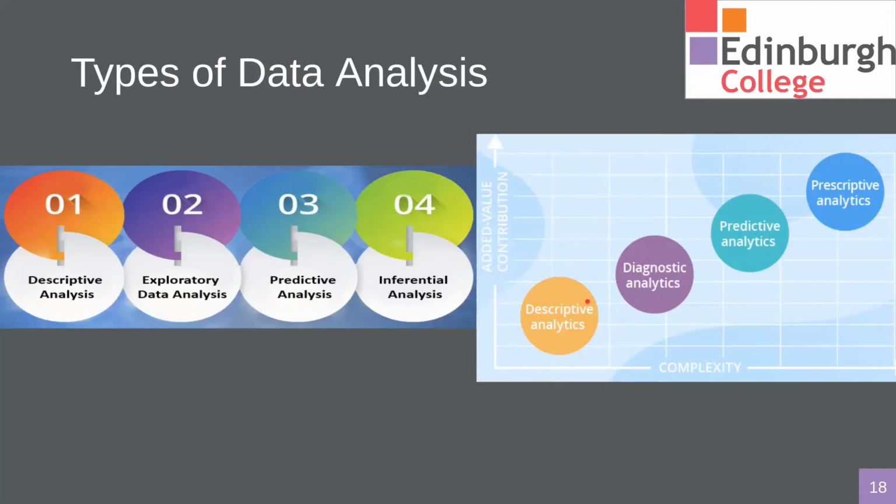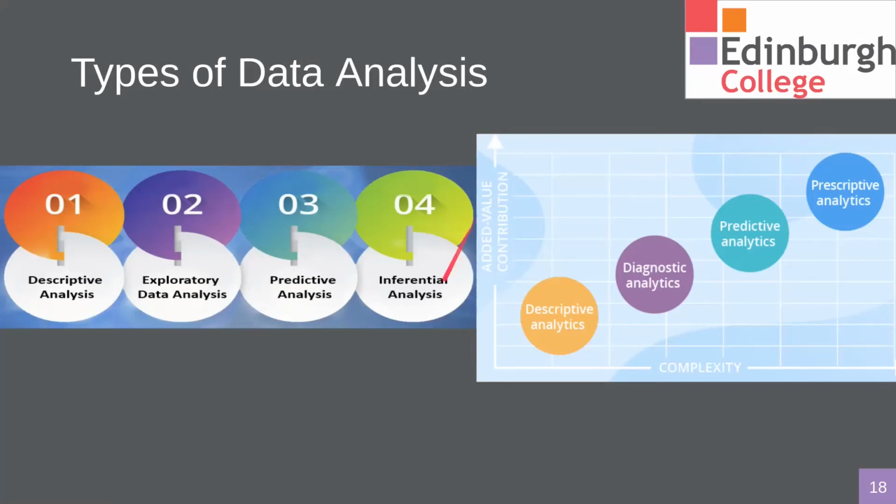So just looking at statistics and saying what's happened is descriptive analysis. So moving up to some diagnostic analysis and then predictive and then prescriptive. Okay, so as the complexity of the analysis increases, so does the value that that analysis returns.